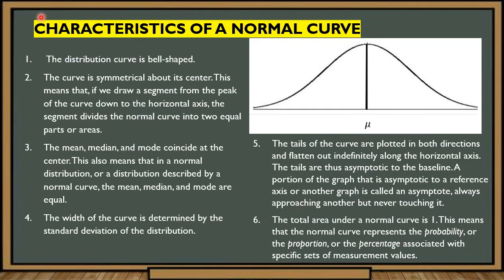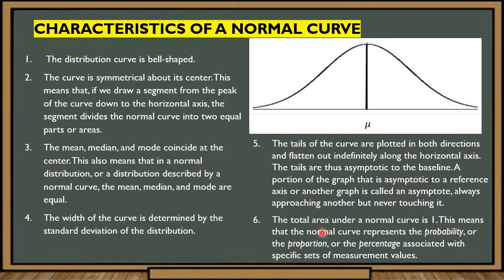And last characteristic is the total area under a normal curve is 1. So remember, when we are dealing with discrete, the sum of all the probabilities is 1. So the total area under a normal curve is also 1.